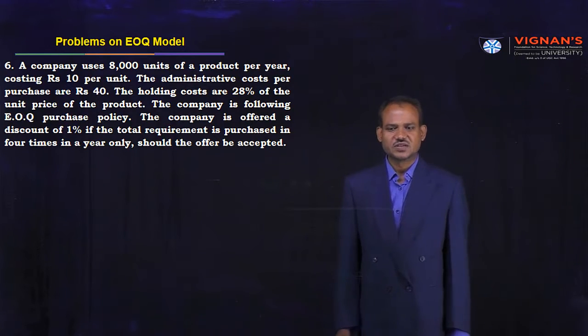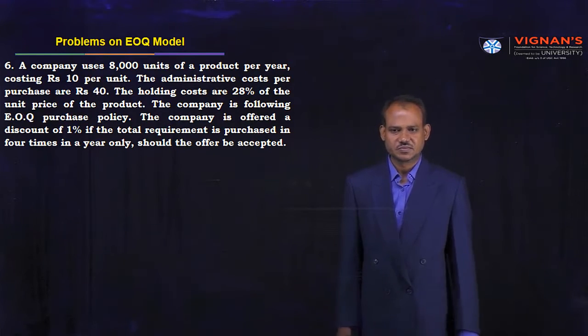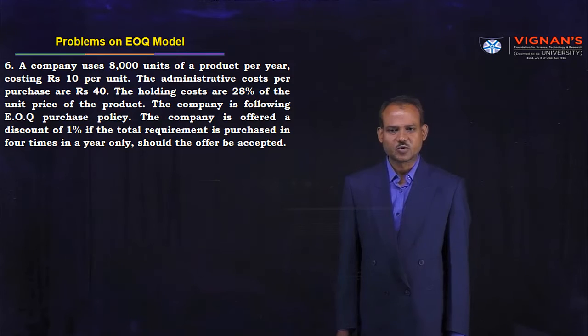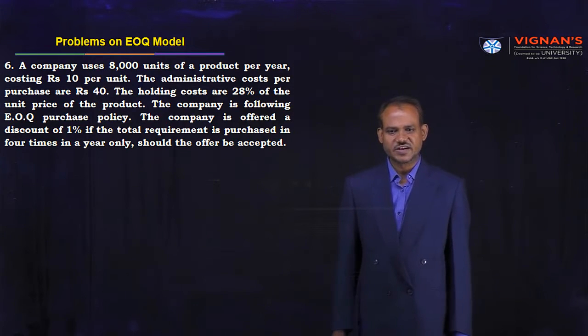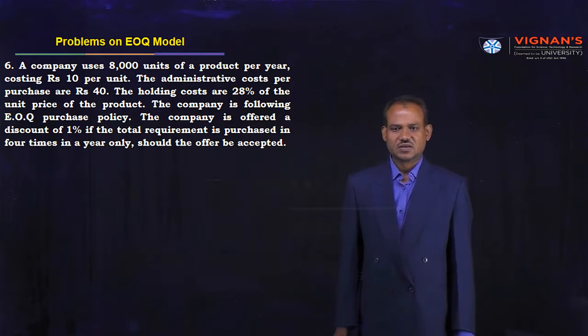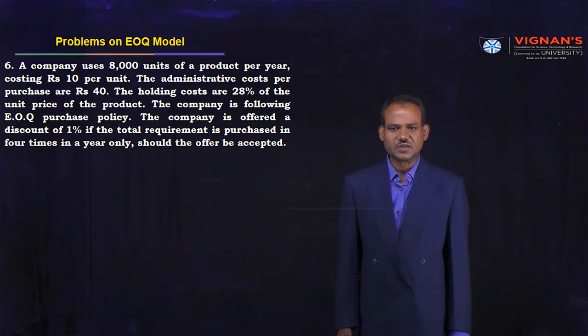Next, coming to the sixth problem. A company uses 8,000 units of a product per year. From this statement, we can observe that the annual consumption of the company is given as 8,000 units.